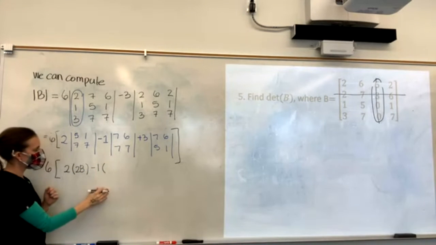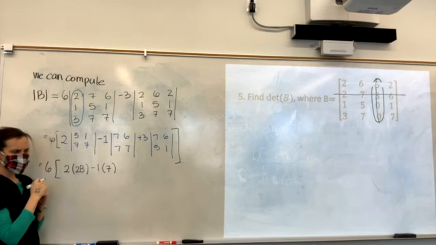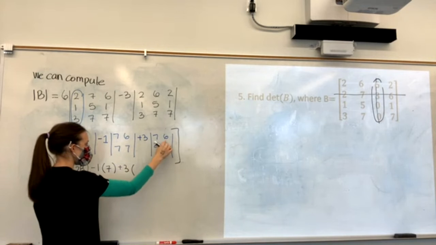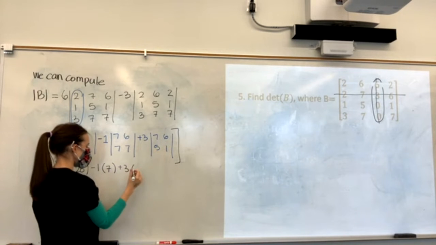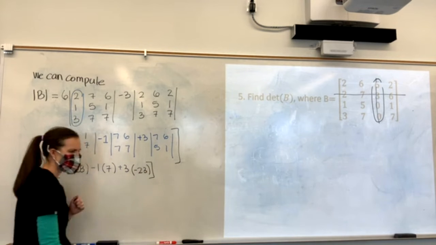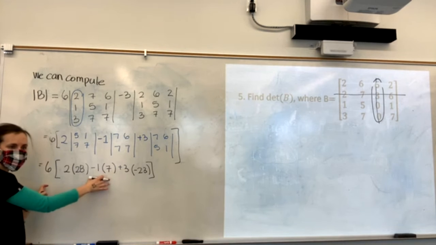Minus 1 times 49 minus 42 plus 3 times 7 minus 30, negative 23. Does that look right? My arithmetic look all right to everybody? All right, so that's the first half.